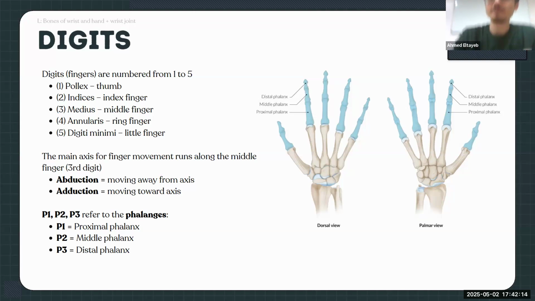Over here, I have a digit, and this is my axis, right? So when I abduct, I'm going away from this axis, and when I adduct, I'm going close to this axis. So your middle finger, besides what it's used for, has this job as well, where it's the axis for abduction and adduction.